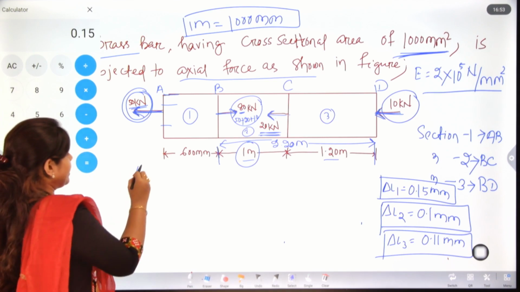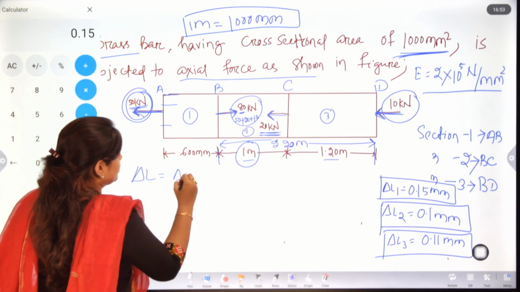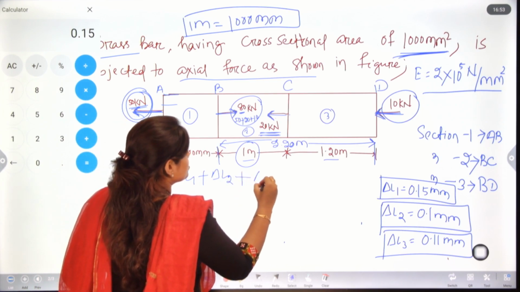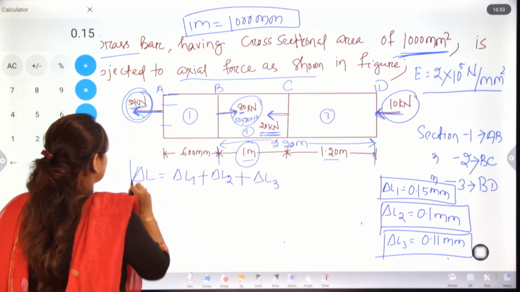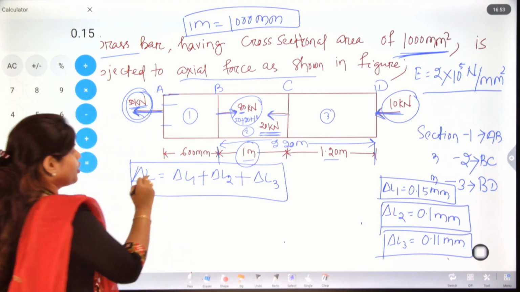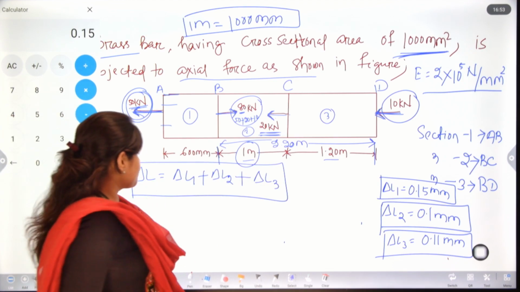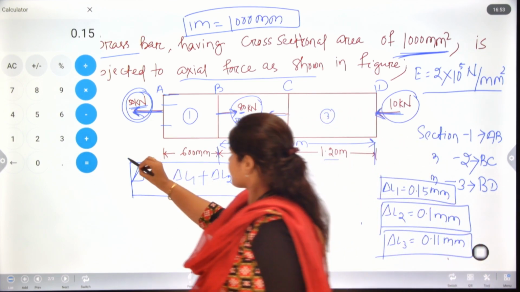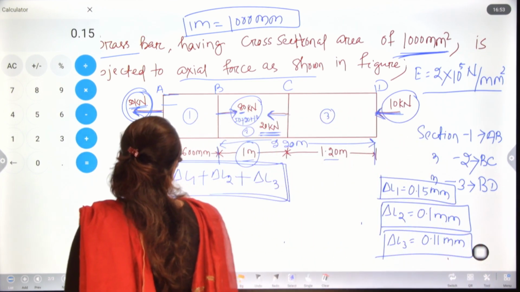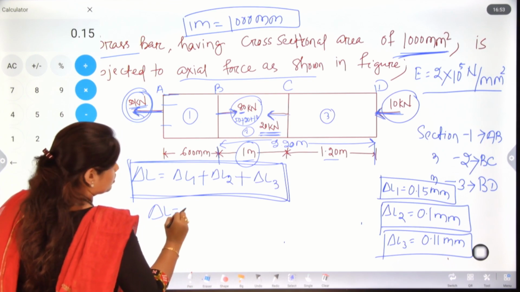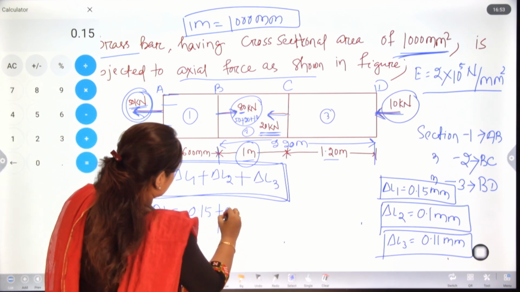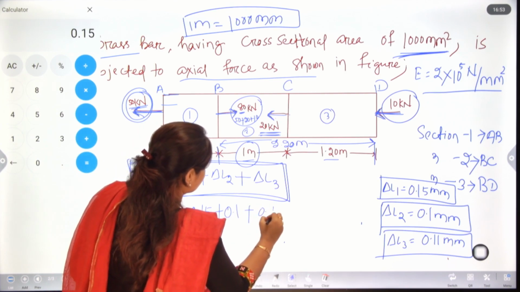So, our del L will become del L1 plus del L2 plus del L3. From which principle? From the principle of superposition. We need to add 0.15 plus 0.1 plus 0.11.